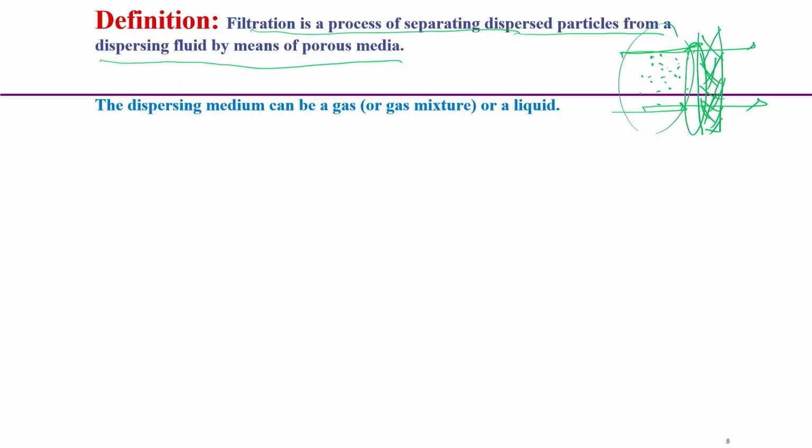Fluid should flow, maybe water, maybe air, but at the same time it should arrest the dispersed particles, solid particles. Okay. The dispersing medium can be gases or a mixture or a liquid, air, gas, any gas or mixture of gases.